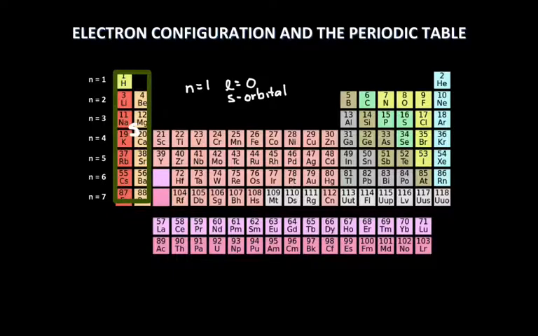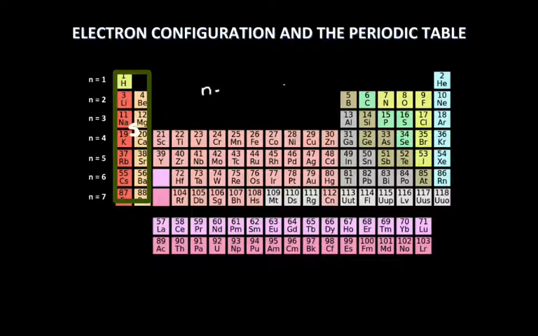So those first 2 groups are where we fill the s orbitals. So that tells you something about how the periodic table relates to electron configuration. And we can look at other sections of the periodic table and predict and know what types of orbitals we're going to be filling.